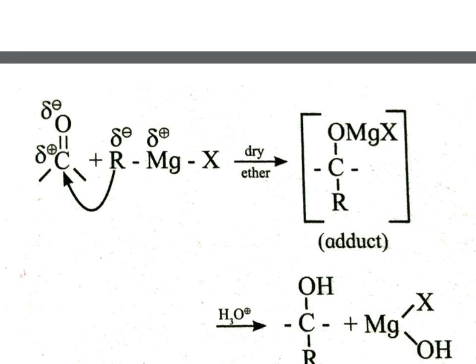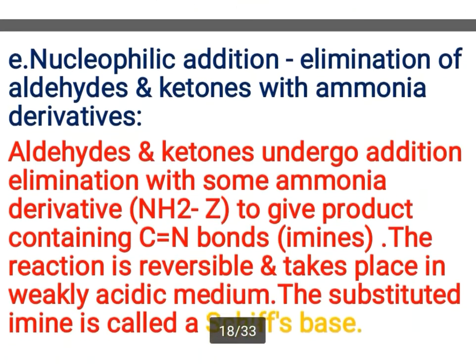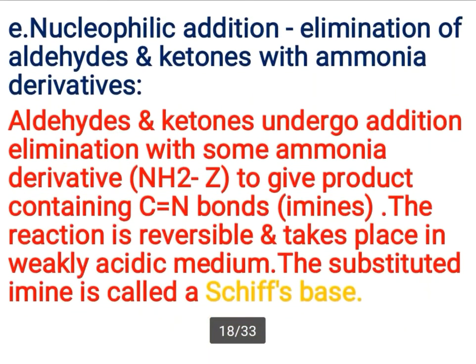Okay. Next is nucleophilic addition-elimination of aldehydes and ketones with ammonia derivative. As the name suggests, addition-elimination: in this reaction, the first step is addition and the second step is elimination. So what is nucleophilic addition-elimination of aldehydes with ammonia derivative?